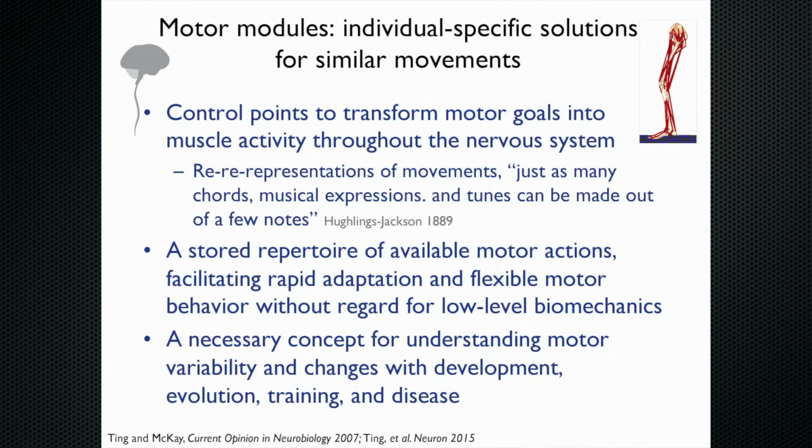And if you think about the muscles as sort of notes on a piano, you can combine those in many different ways to generate a large repertoire of movements. And if you think about it, each composer may have preferences or styles that come out. So the basic way to think about these modules is that they are a stored repertoire of these motor actions that we have that may allow us to do different movements, adapt them very quickly without having to think about things.